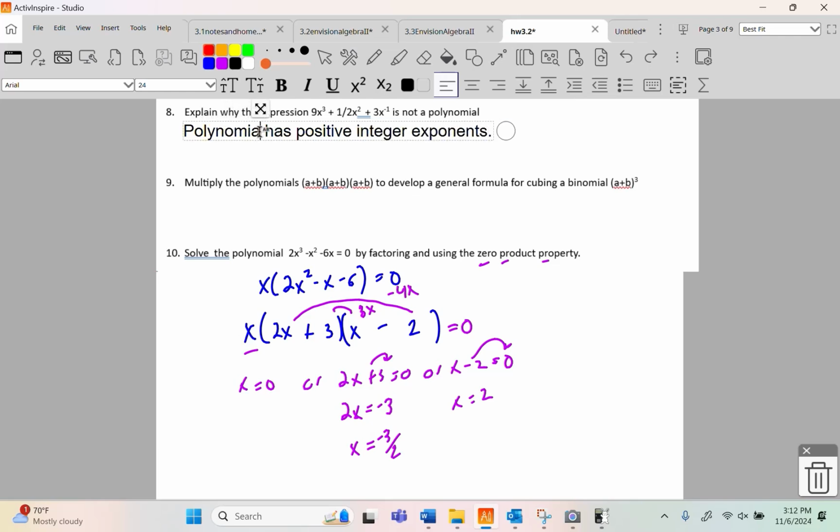That's the deal, polynomial, if I can spell polynomial. Has positive integer exponents. And I see that x to the negative first. That is not a positive integer. So it's not a polynomial. I don't know why I left it off your notes.